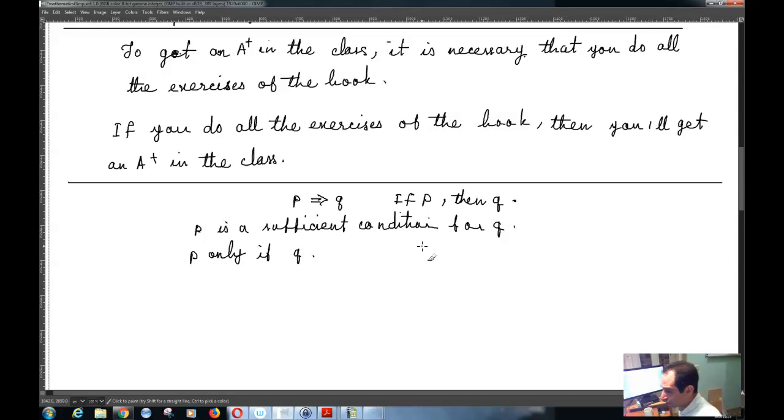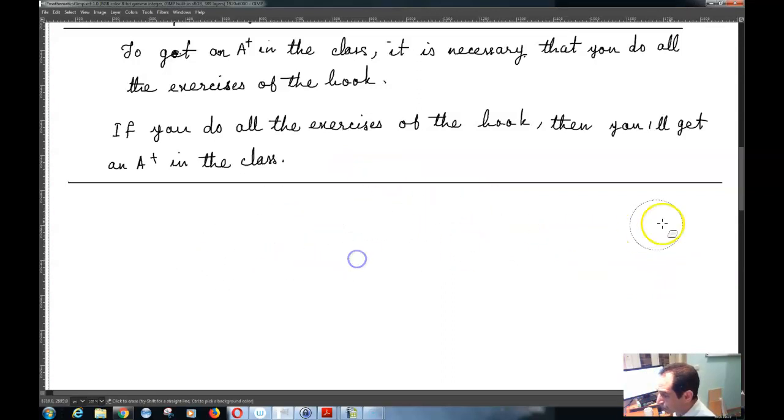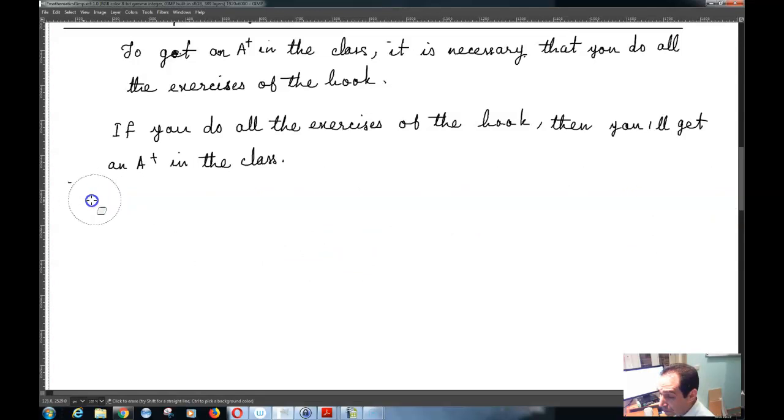But I have some problem with this. Maybe I haven't understood it properly or completely. But let's see. So let's say that to get an A plus in the class, it is necessary that you do all the exercises of the book.